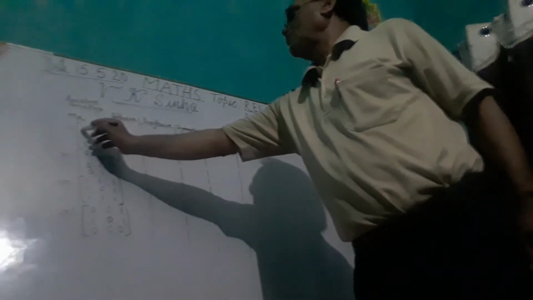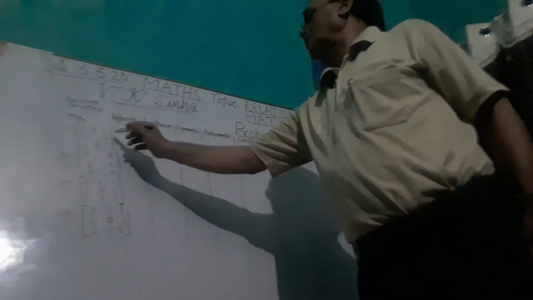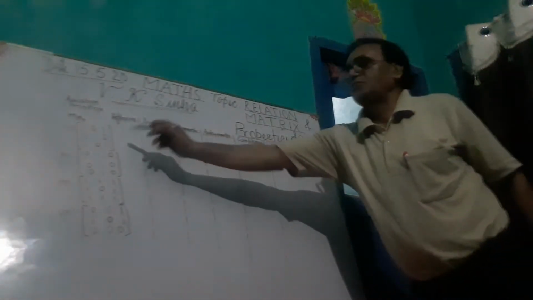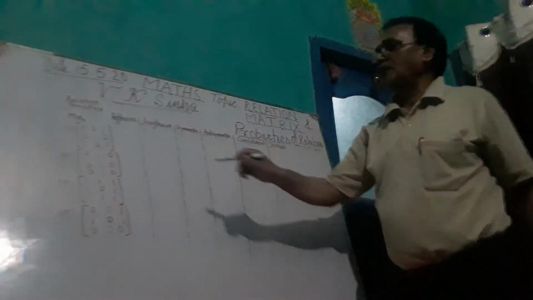Here, our first example is one matrix of 1 0 1, 0 1 0, 1 0 1. This is the first relation matrix. Since all the diagonal elements are 1, this is reflexive. The rules by which we check the relation properties, I am sending you.